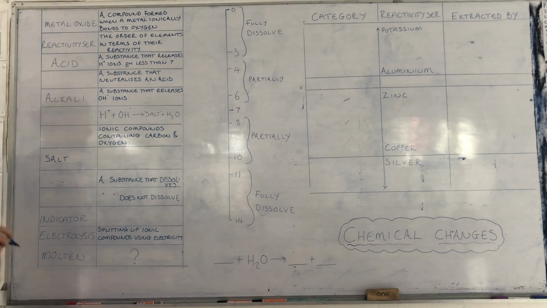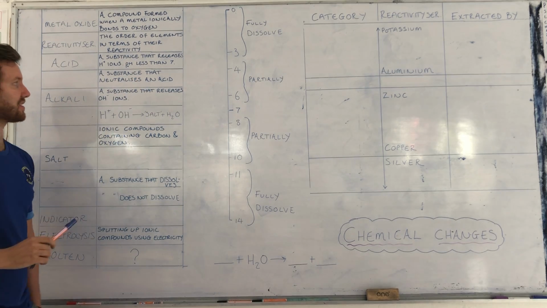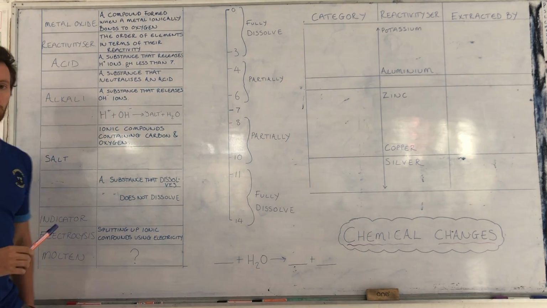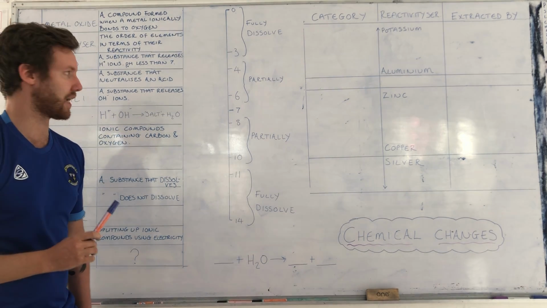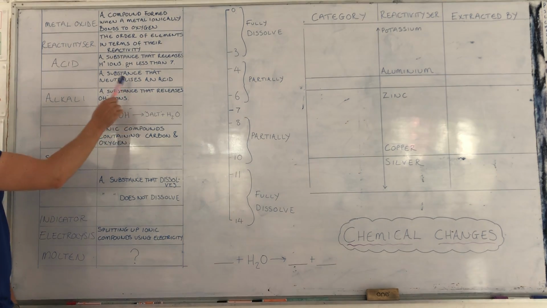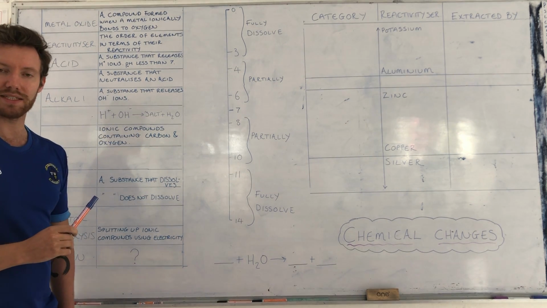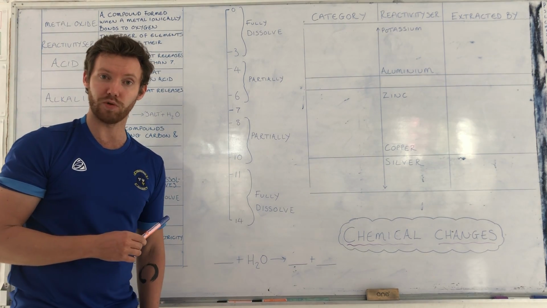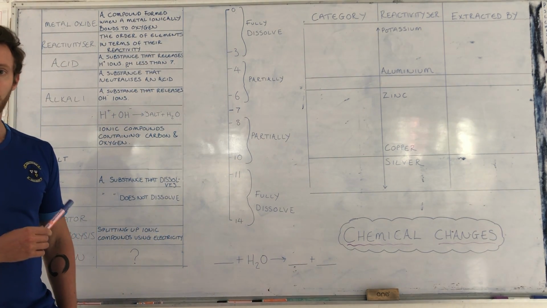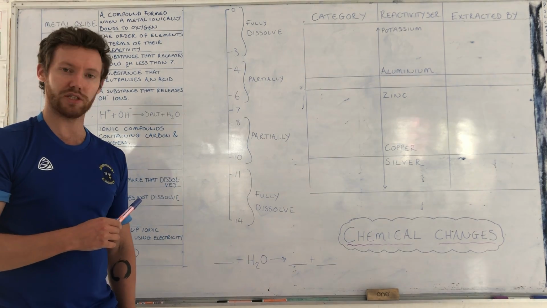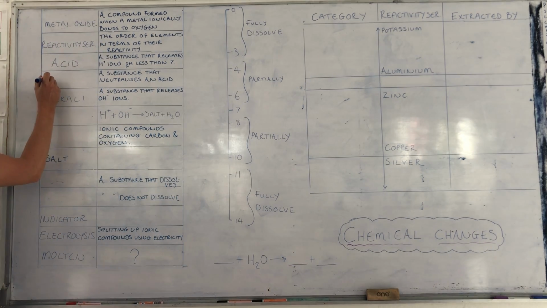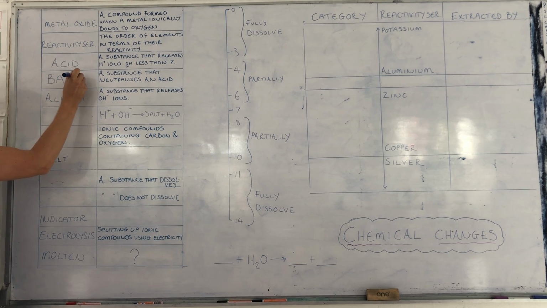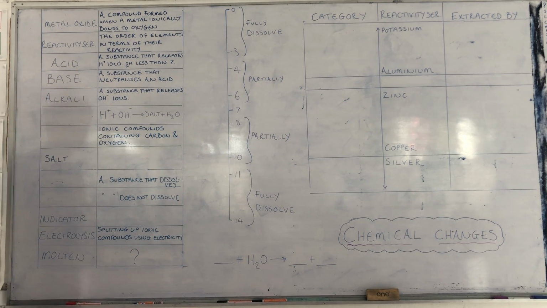Okay, so acid releases hydrogen ions, pH less than 7. Alkali releases hydroxide ions. Let's go back up. So a substance that neutralizes an acid. Neutralization reactions is something that you would have done in class, and the key term we'd like to use in the GCSE course is that we refer to these as a base. We're all about that base.